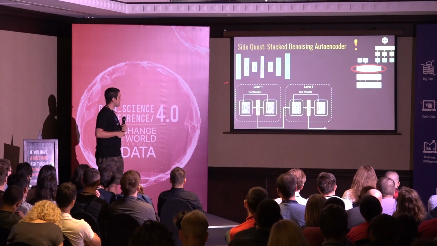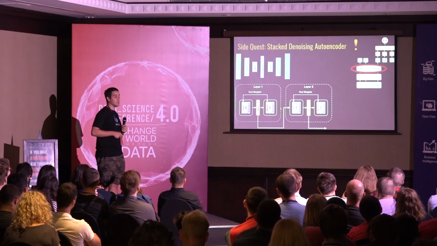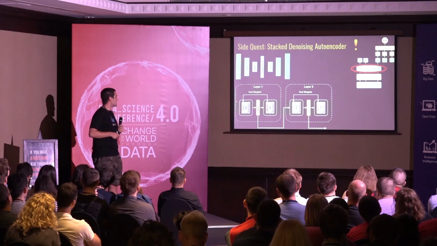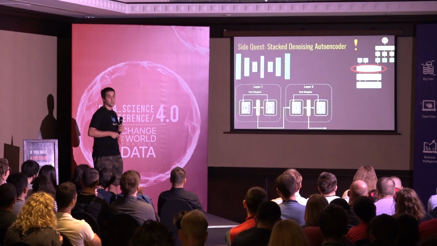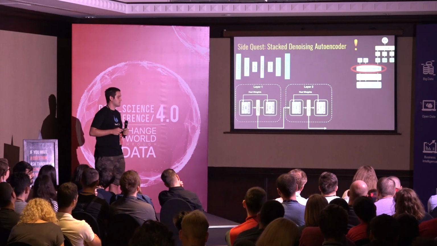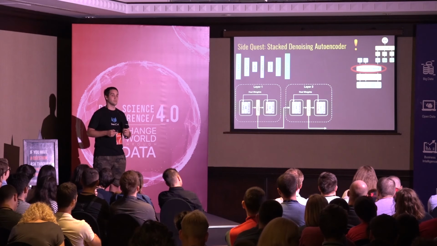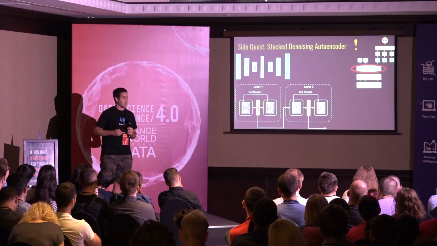The second thing, which speeds up training, is tied weights. We use basically the same weights for the convolutional and deconvolutional layer, which takes less memory and speeds up training.